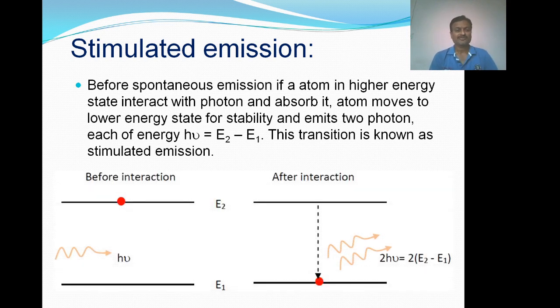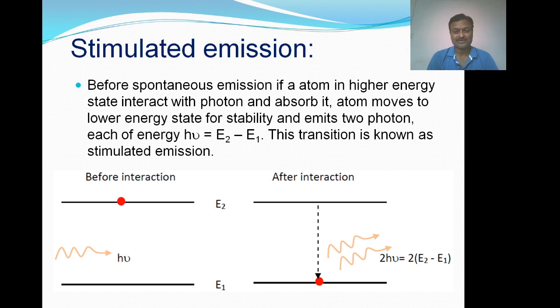Before interaction, suppose the atom is in the higher energy state and a photon of energy h nu interacts with this atom. When this atom absorbs this photon, its energy will be equal to E2 plus h nu. After interaction, the atom becomes highly unstable.